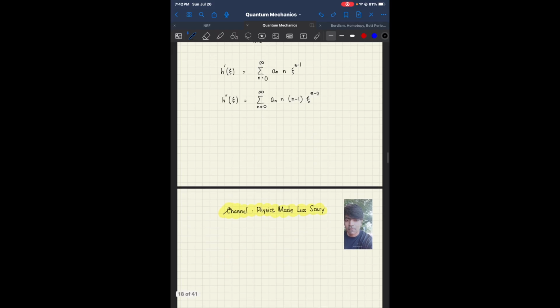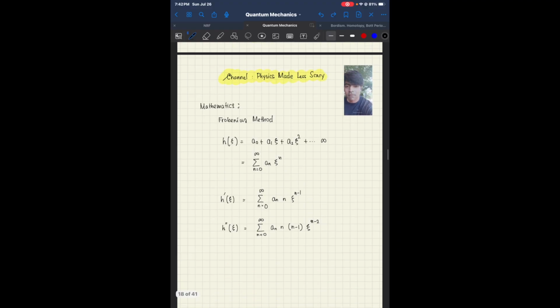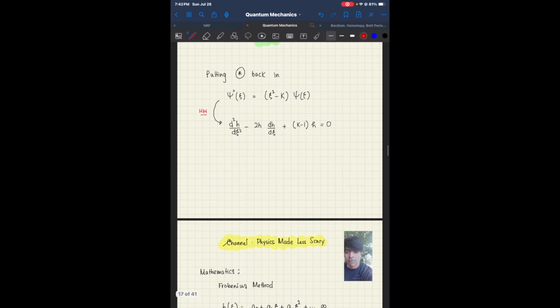Okay, good. Now, with these expansions, let's call them B, you plug them back in this differential equation.